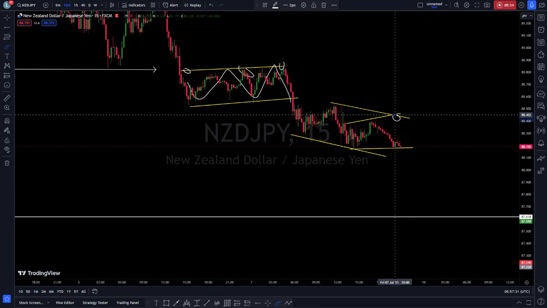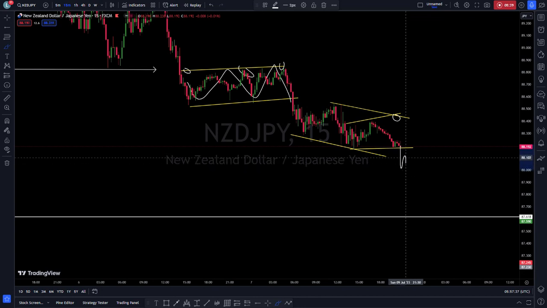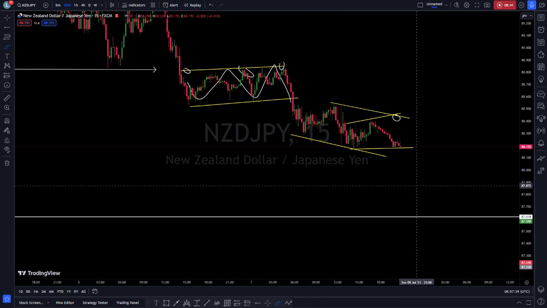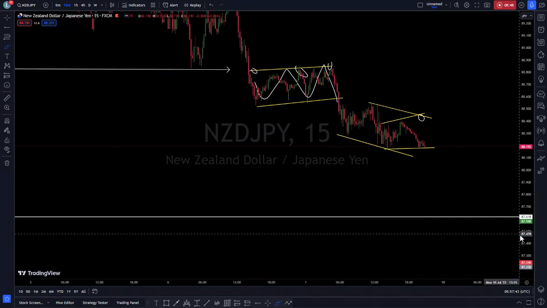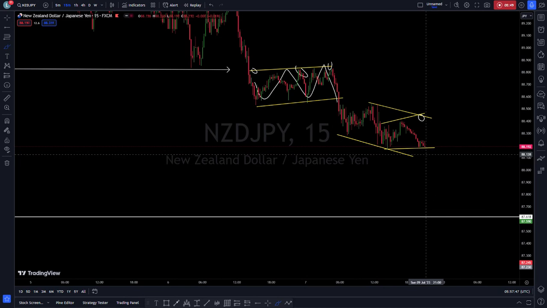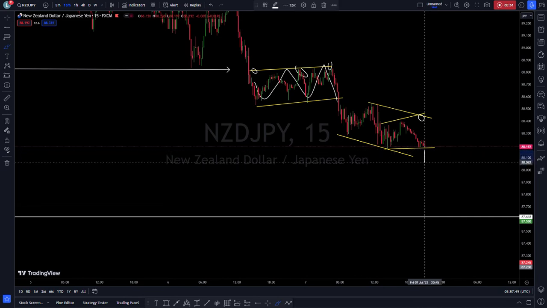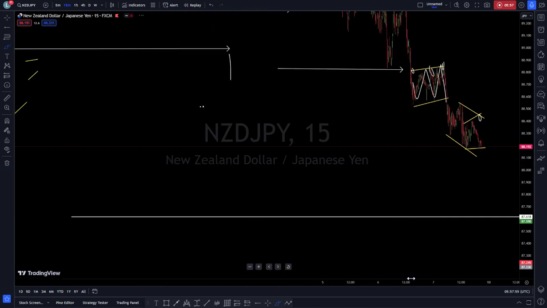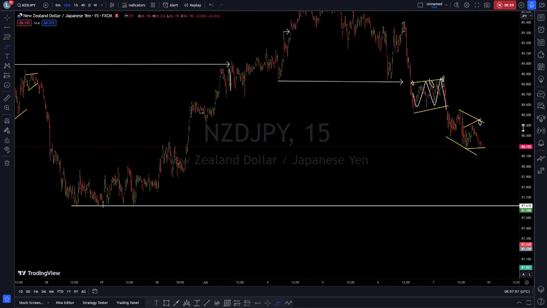It might just continue rallying to the downside, but according to what I'm seeing here, I feel it might still come back to make this touch here. But if it doesn't, then I won't take this trade. Or if I see anything that suits my criteria of taking this trade, I would jump into it.